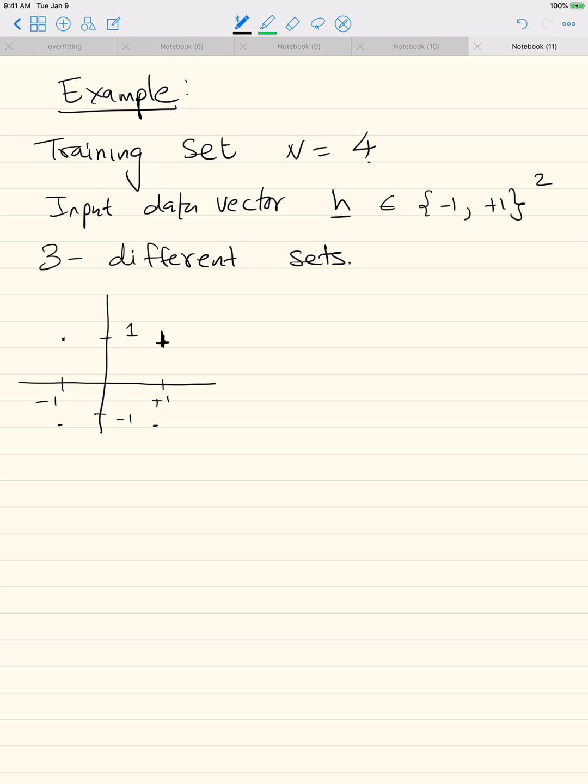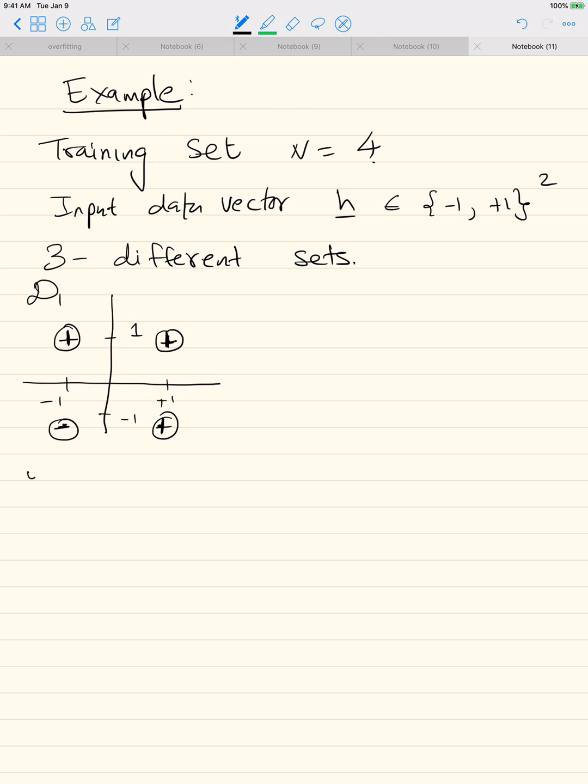You have pluses at 3 points. You have a plus here, a plus here, a plus here, and a minus here. So this is our first training set. Let's call this D1. This function mathematically is the OR function. The output Y1 is the OR of the two input values H1 and H2.